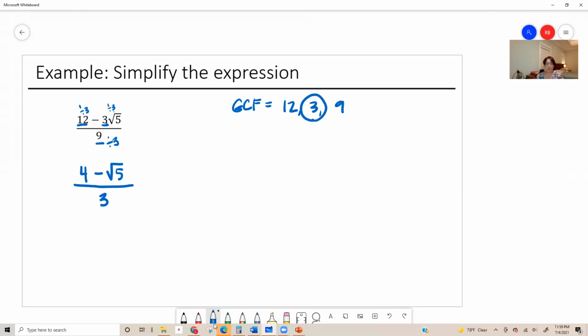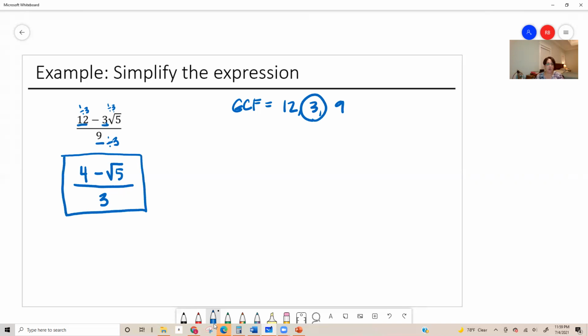Now you also want to just take a look and make sure you don't have any more common factors, which between 4, 1, and 3, there are no common factors. And then you want to also look at the square root. If you can simplify this square root of 5, just like we did in the previous problem, you have to do that. In this case, that's everything.